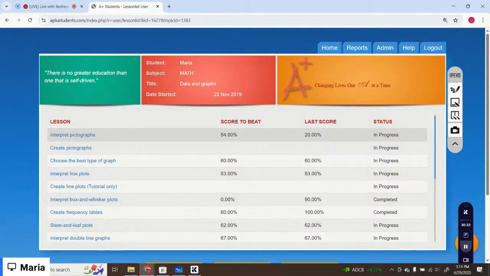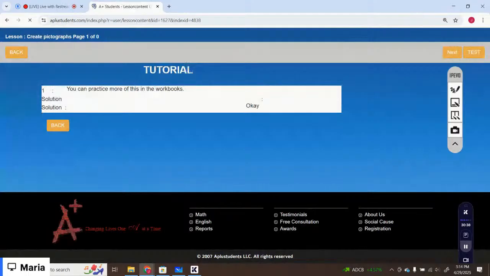Next lesson is create pictographs. Let's start with the lesson. Oh, the lesson has moved to the next. Wait, let's start with the next lesson.